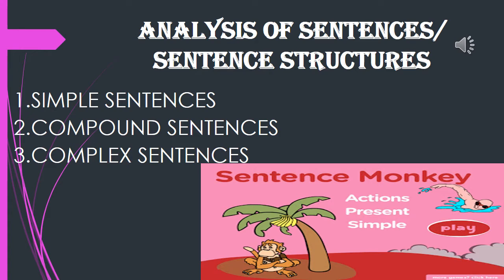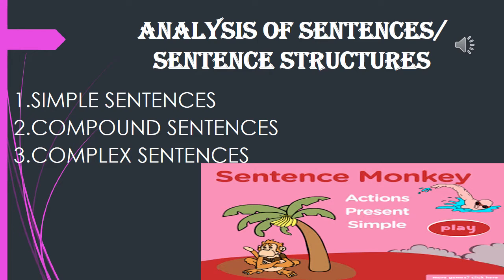These clauses we can divide into two: main clause or independent clause, and subordinate clause or dependent clause. What do you mean by independent clause? Yes, from the name itself, it is clear that it is not depending on anybody or anything. So, a clause that makes complete sense on its own is known as the main clause or independent clause.